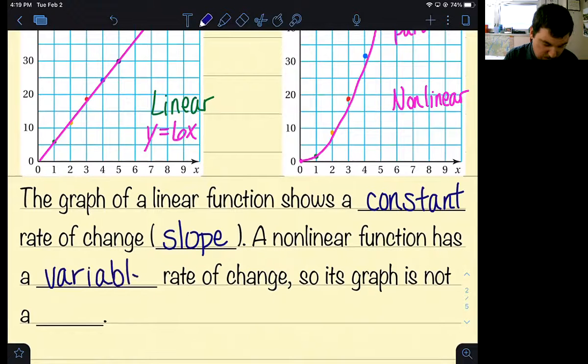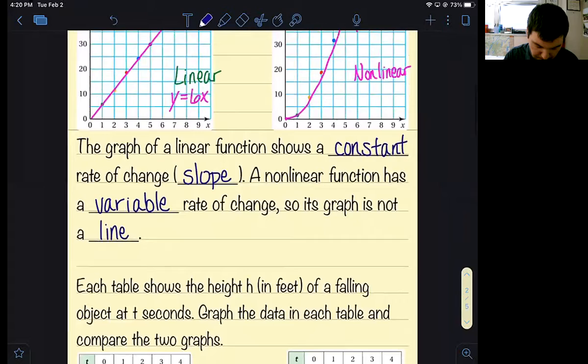The word variable means changing. That's why when you have a variable, like you plug in 1 for x and 2 for x and 3 for x, they call it a variable because it can change. So a nonlinear function has a variable or changing rate of change, like we talked about. So its graph is not a line. That's what nonlinear means. Could mean that it curves, could mean that it's separate lines, could be a bunch of different things.